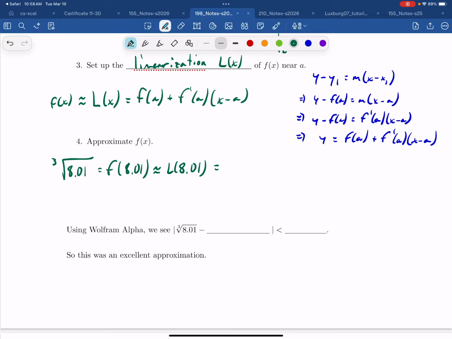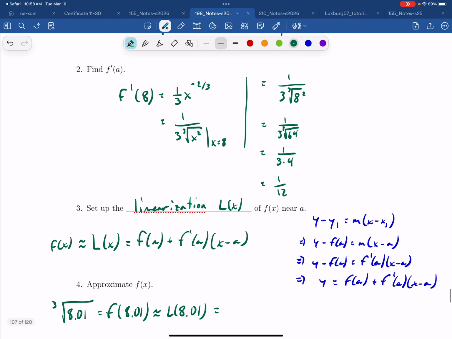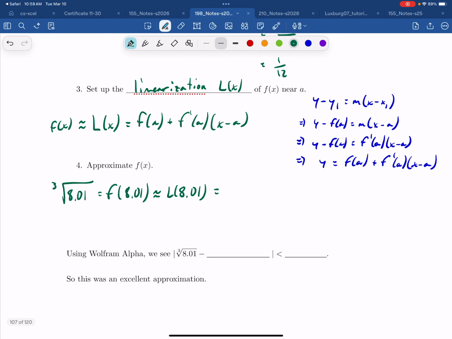We get f of a, which is f of 8, which equals 2, plus f prime of 8 times x minus 8.